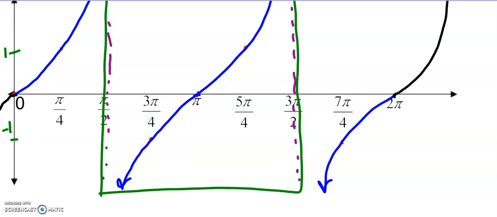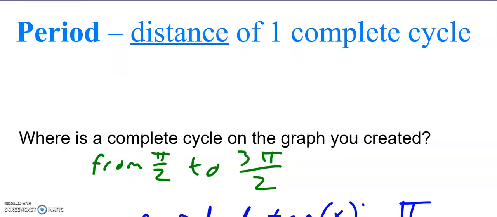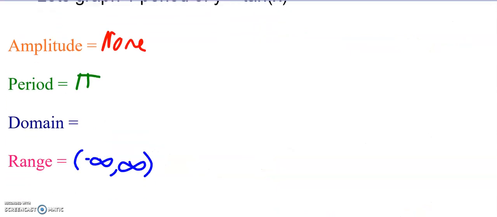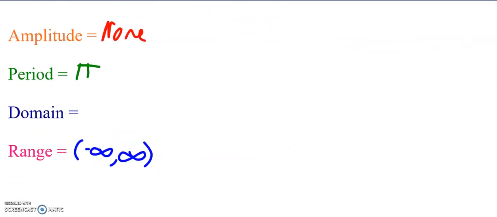As the graph continues, we're going to keep having more and more asymptotes. So the domain is going to be all real numbers except for all of the asymptotes. But there's an infinite amount of asymptotes, so how do we represent that? I'm going to use this fancy symbol, which means all real numbers. I'm going to say all real numbers except for x does not equal, and then I'm going to pick one of the asymptotes.